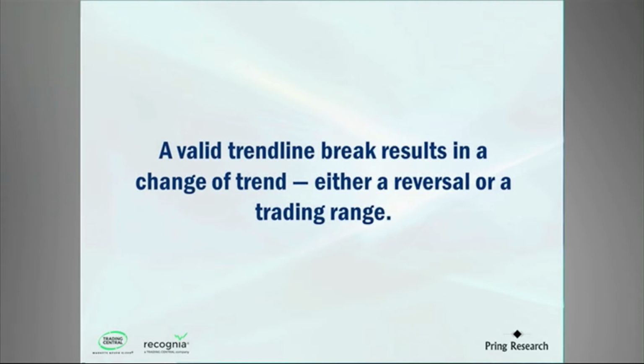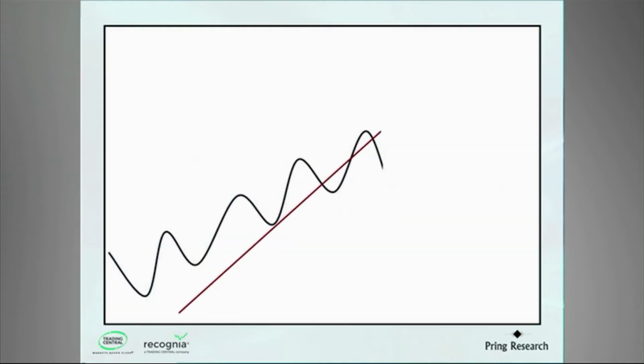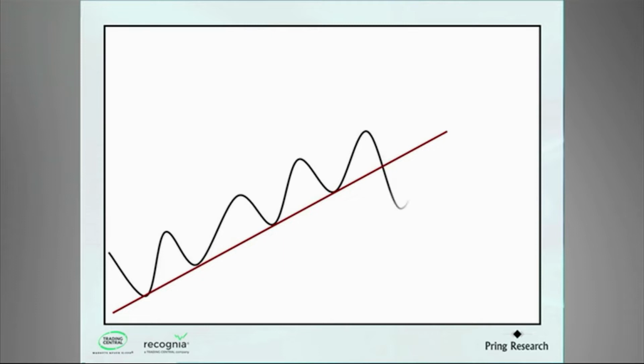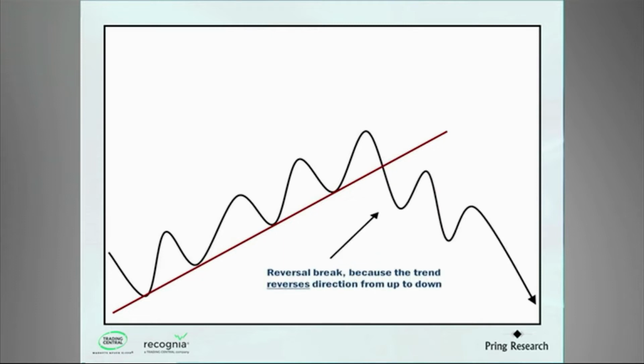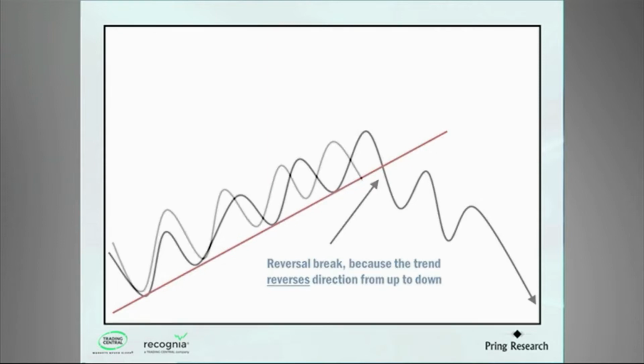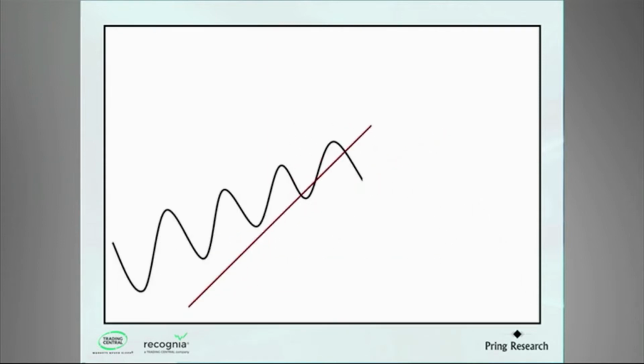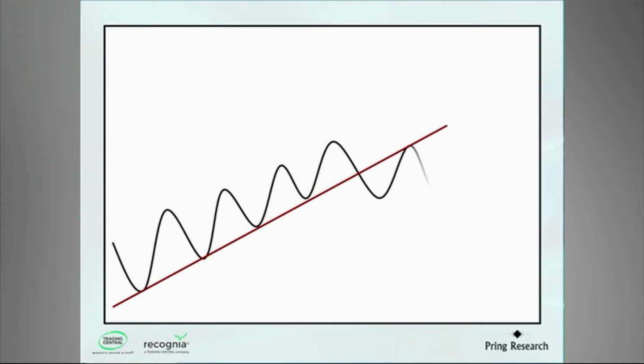A valid trend line break results in a change of trend, either a reversal or a trading range. In this example, the trend line violation results in a reversal as the trend changes to a downward one. Here the result is different, as the line is penetrated and the price action that follows is a trading range.